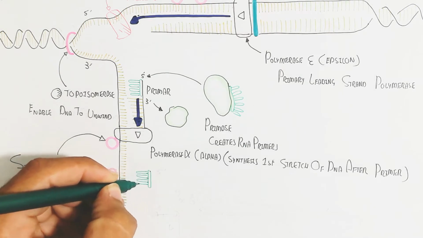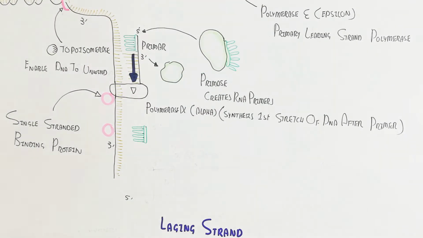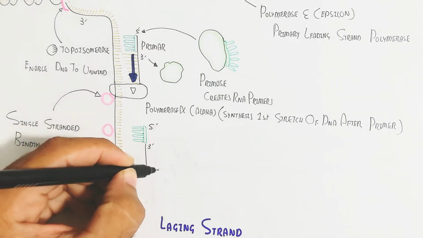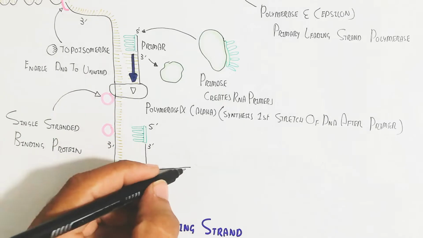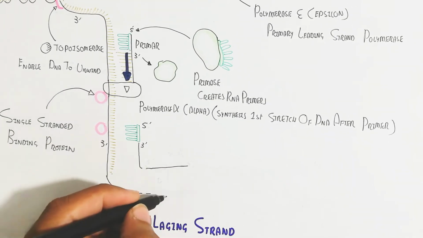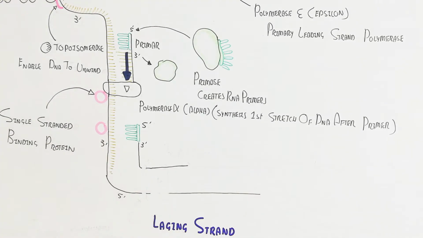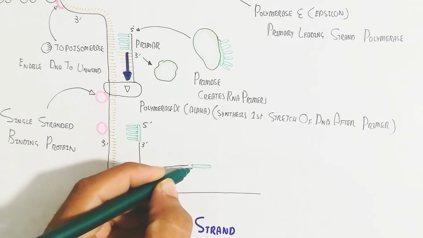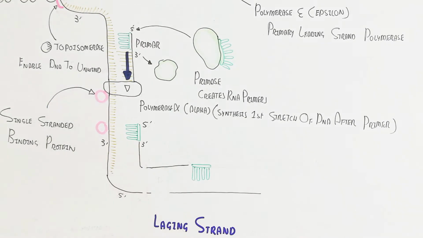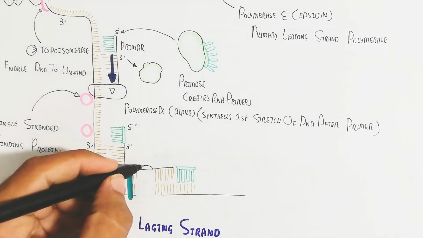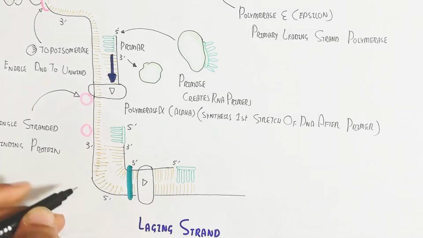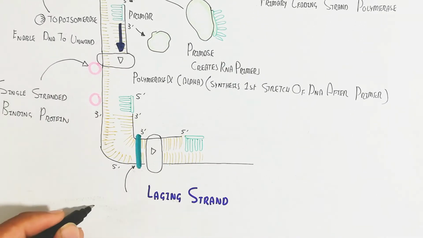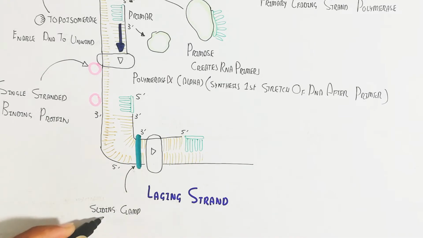The next primer will attach because the 5' to 3' direction is very important, since the 3' hydroxyl group is required for the synthesis of new nucleotides by the polymerase enzyme. Remember, the lagging strand goes away from the replication fork, while the leading strand is easy, simple, and goes toward the replication fork.